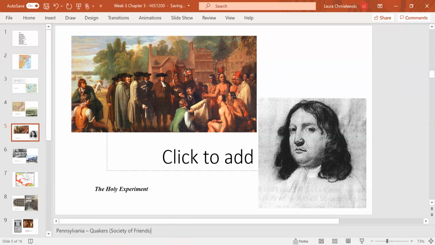And that makes everyone have a rough degree of equality: men and women, the enslaved and the free, children and parents, native people and Europeans all have this relative degree of equality in the eyes of Quakers.